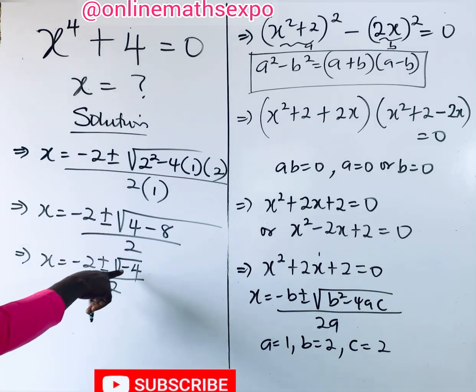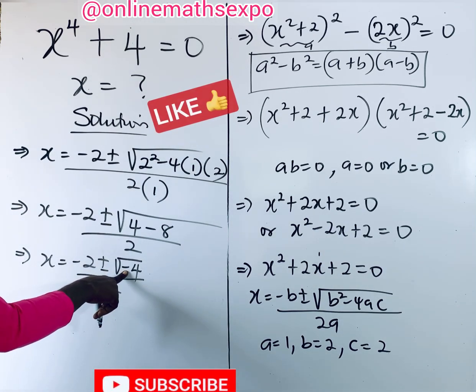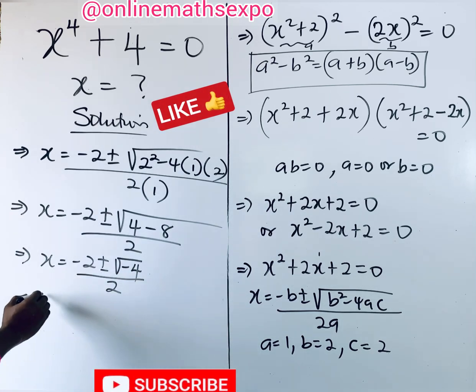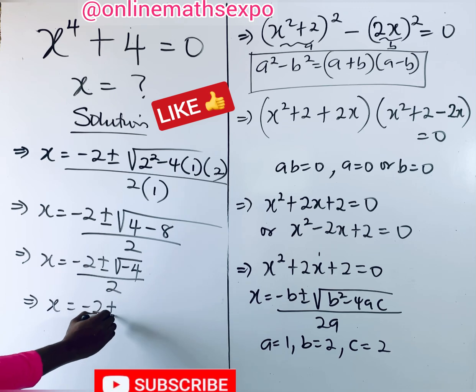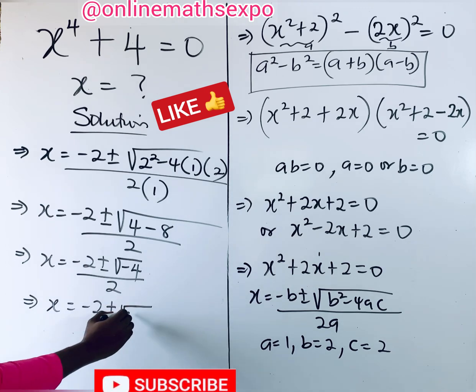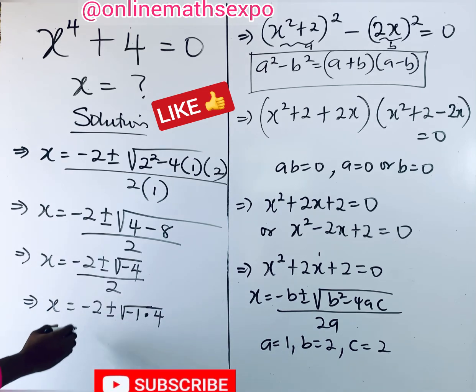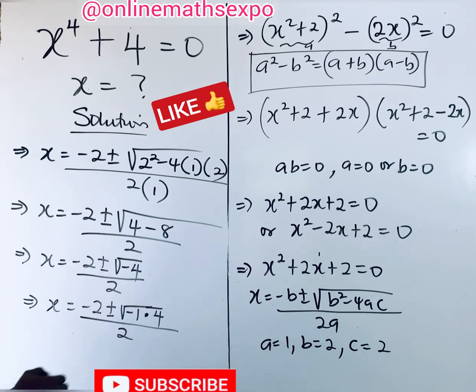Now you observe that there is a negative sign in the root, so it has led you to a complex solution. Now remember that this is written as x is equal to negative 2 plus or minus square root of negative 1 multiplied by 4, divided by 2.